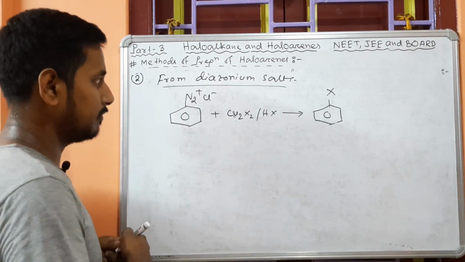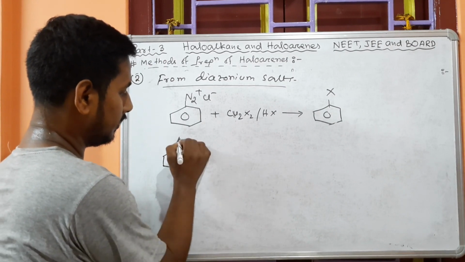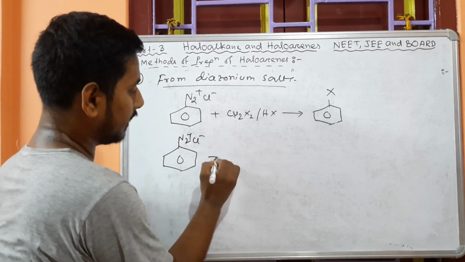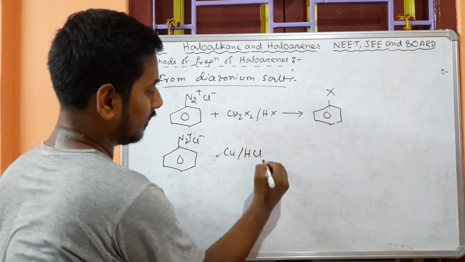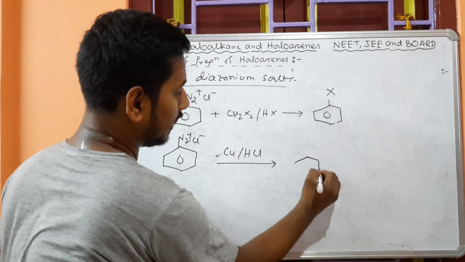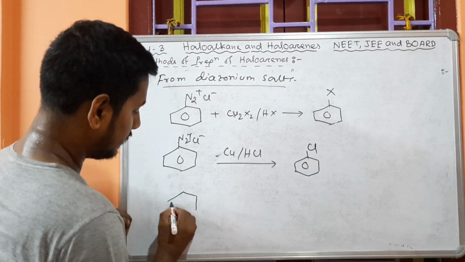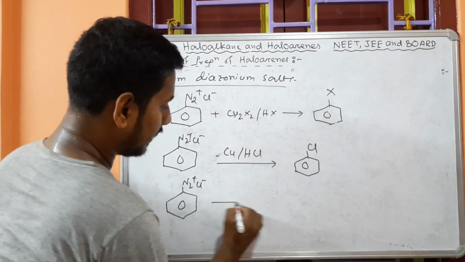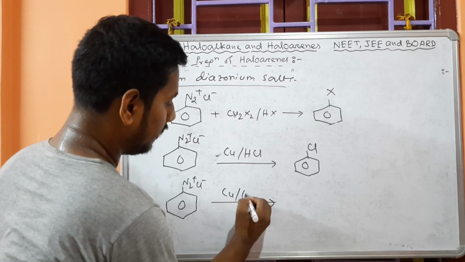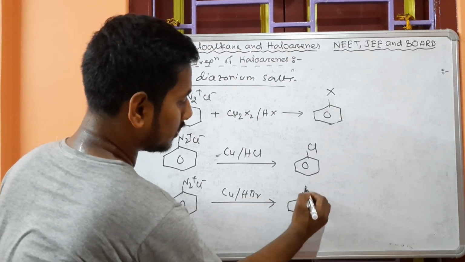Very similarly, if you have benzene diazonium chloride, N2+ Cl−, and you give Cu and HCl, then you get chlorobenzene. Very similarly, when you have N2+ Cl− and you give Cu and HBr, then you get bromobenzene.